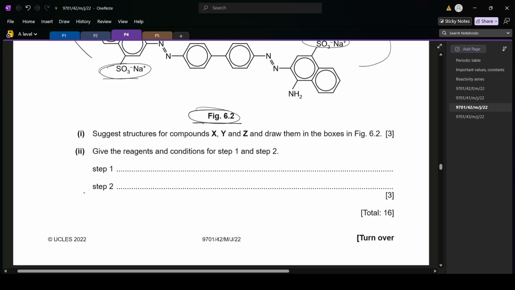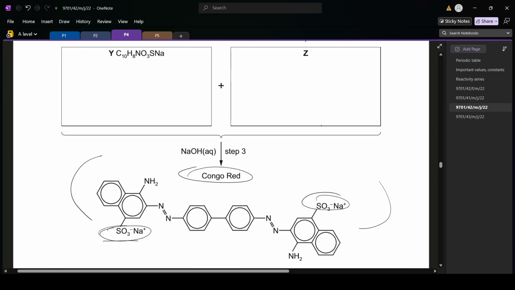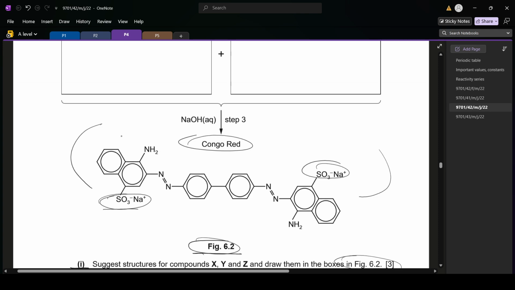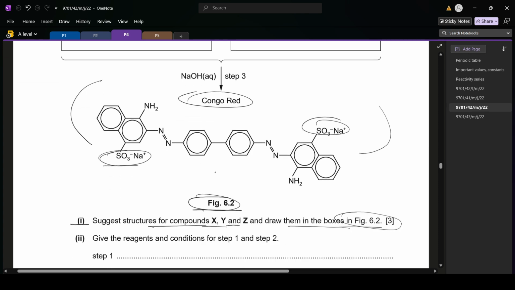Now what it is saying in the first part: suggest the structures of compounds X, Y and Z and draw them in boxes in figure 6.2. Firstly, let's look at this large Congo red compound. You can see there is an azo group.